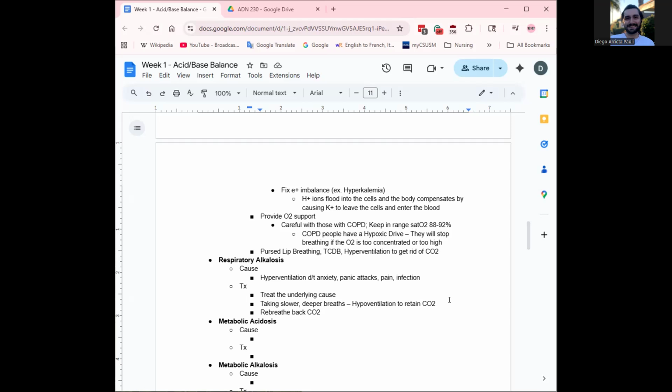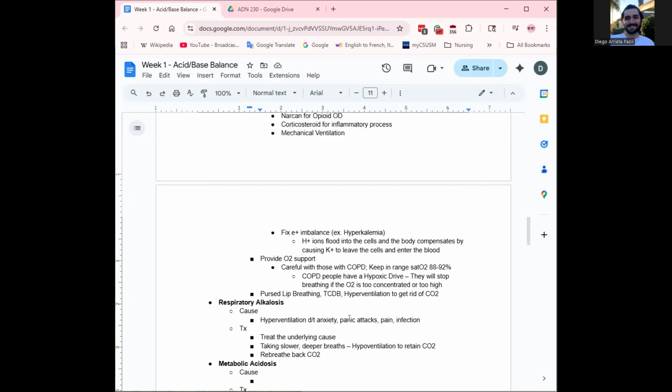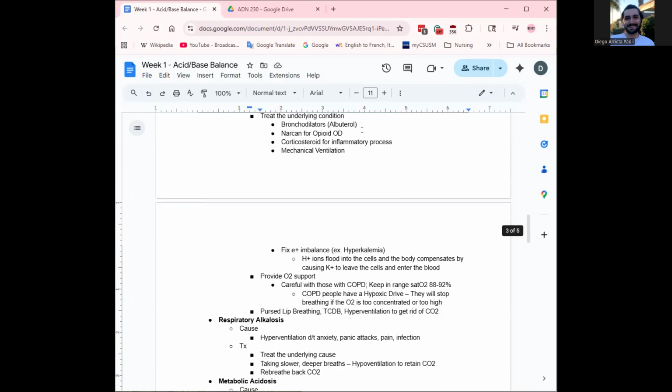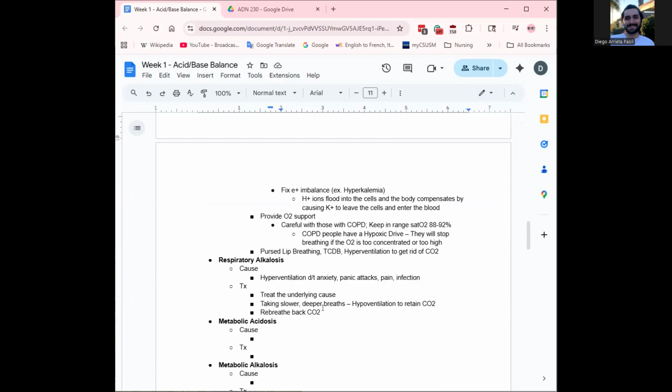At the moment they might be technically alkalotic because they're hyperventilating, but over time they're not going to get the O2. So that's why you would fall back on this side here and try to just open up the airway rather than these interventions, if that makes sense.